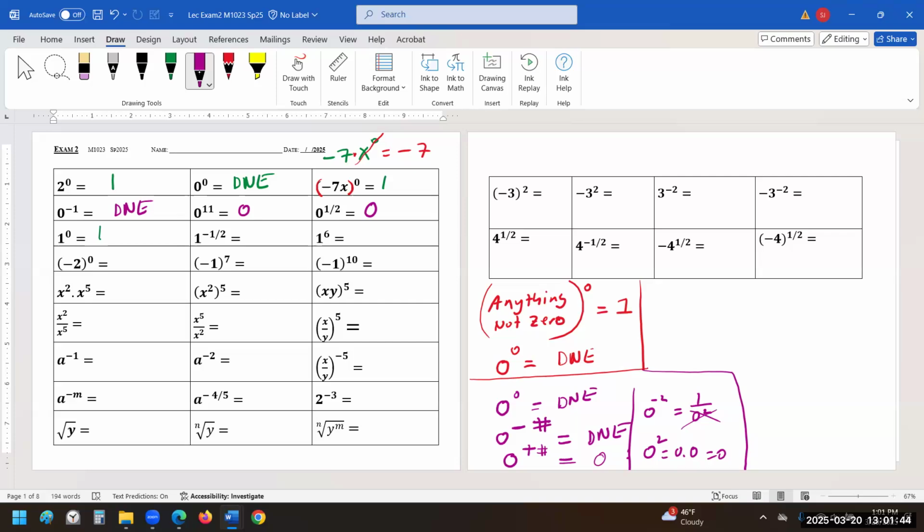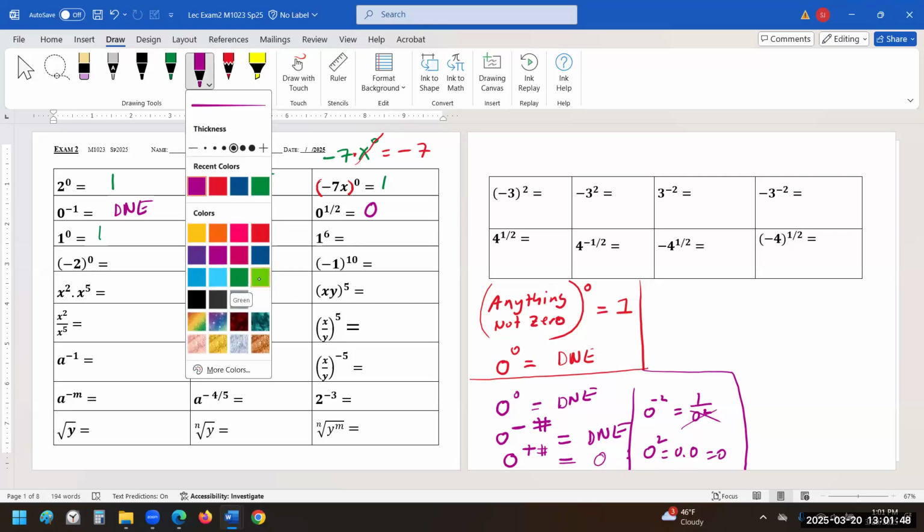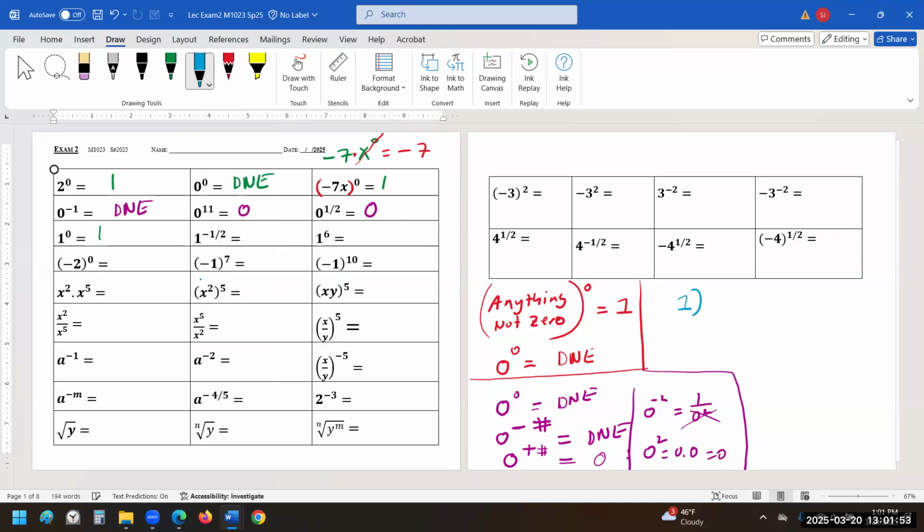Then comes the rules for 1. And 1 is the most amazing number. 1 with anything. It could be positive, it could be negative, it could be 0. 1 with anything. 1 is the most generous number.